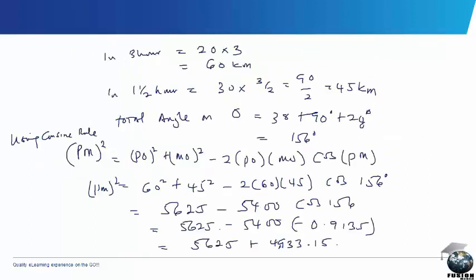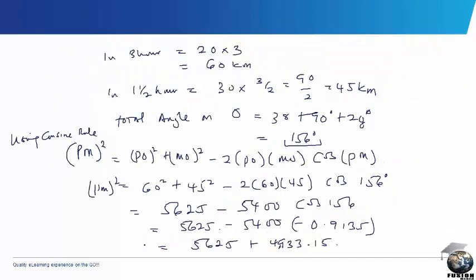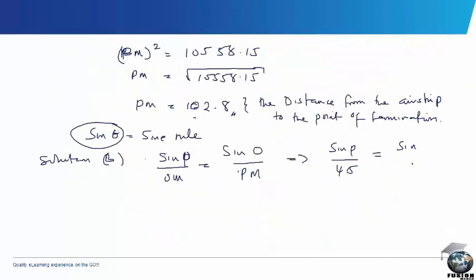Look at it: the summation of all the angles at O, 38, 90, 28, gives us 156 degrees. Sine of 156 degrees, all over the side of O, which is 102.8. This is just the normal sine rule. If you don't understand this, you can go back to our previous topics on sine rule.